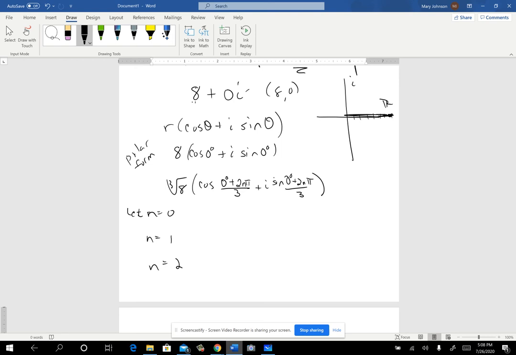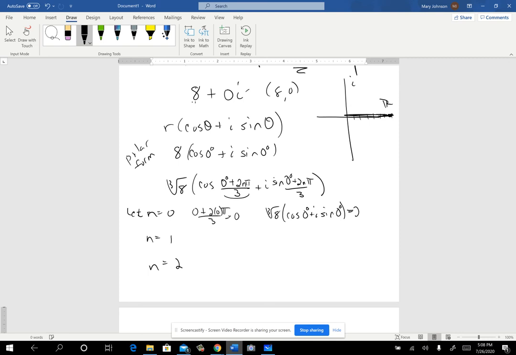Okay, so if we let n equal 0, what I like to do is think about the angle part for a minute. See how that would be 0 plus 2 times 0 times pi over 3. That's just going to be 0, isn't it? And so that one's going to be cube root of 8 times (cosine 0 degrees plus i sine 0 degrees).